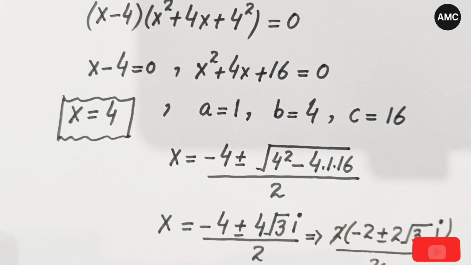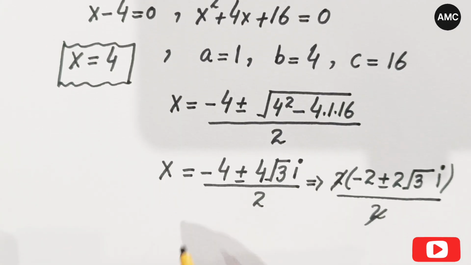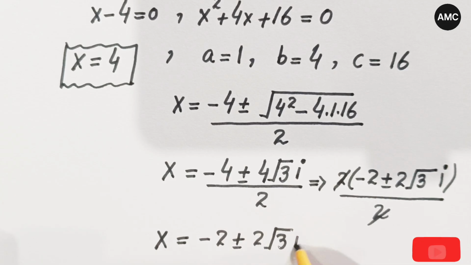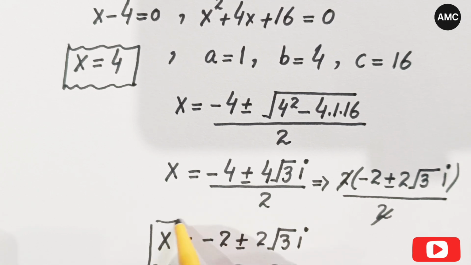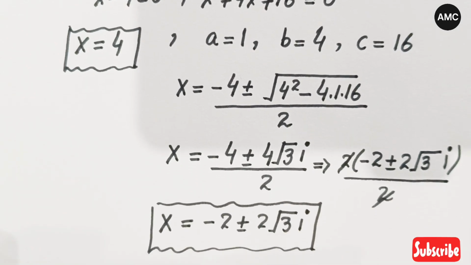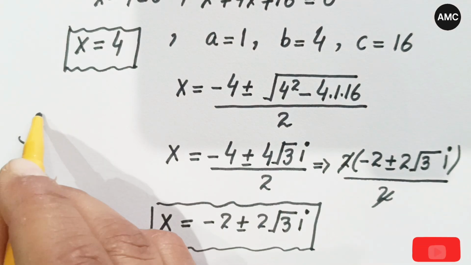So here this 2 is cancelled. We get the final value of x, which is x is equal to minus 2 plus minus 2 times square root of 3 i. So here we get two values of x. Both are complex.